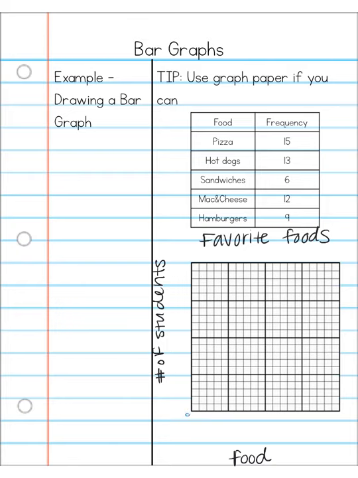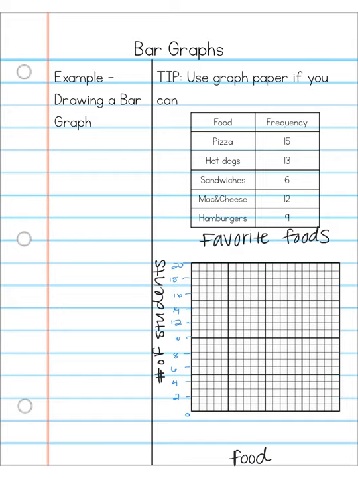So I'm going to start with 0, 2, 4, 6, 8, 10, 12, 14, 16, 18, 20. And then we can start constructing our graph.